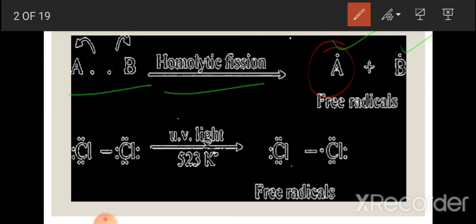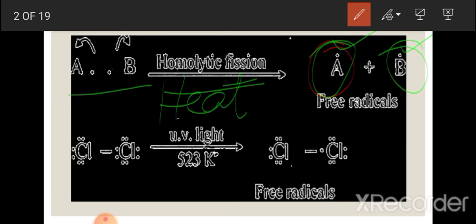Therefore, in homolytic fission, neutral species are formed, and these species are called free radicals. This is A free radical, this is B free radical. Normally this fission occurs when we do the reaction in heat or light.